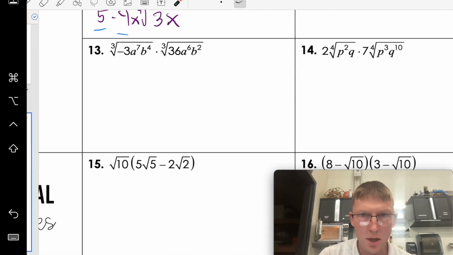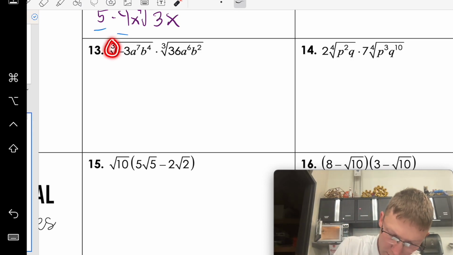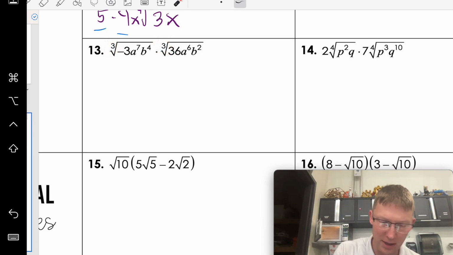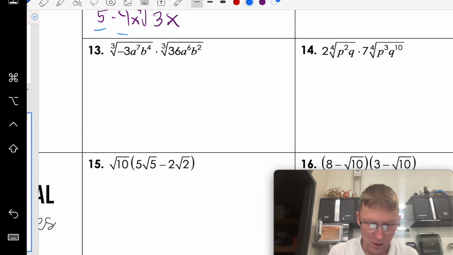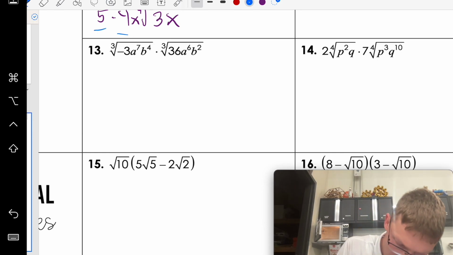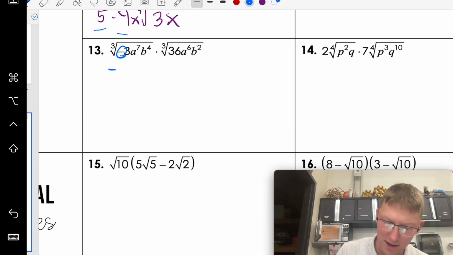All right, let's look at a cubed root, give you a good example here. So we're looking at 2 cubed roots multiplied together. And again, because they're the same cubed root, we're just going to multiply everything on the inside. So we've got 3 times 36, so then we're going to have a negative 108. So we do have a negative sign. It's not that big of a deal because it's a cubed root, not a squared root.